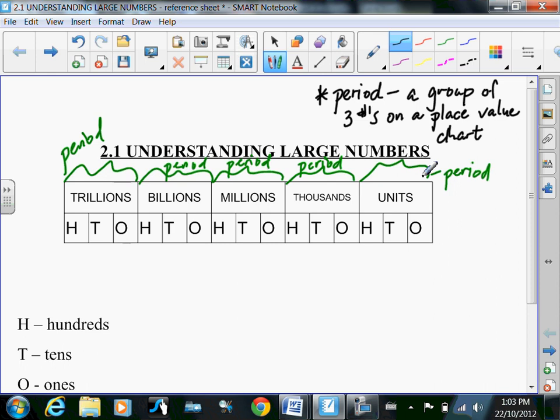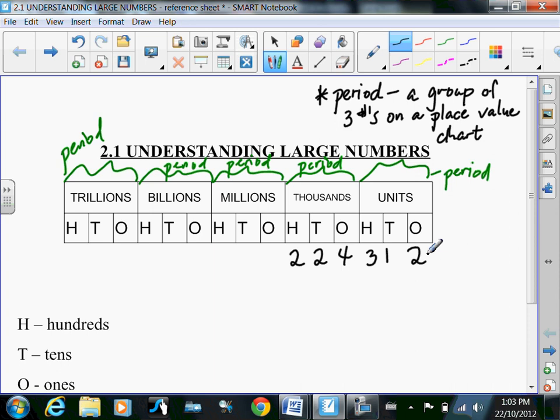So let's start off here. So notice where I'm writing it directly underneath its place in the place value chart. So how do you say this number? If you want to practice saying this number, I encourage you to pause the video now before I say the answer.